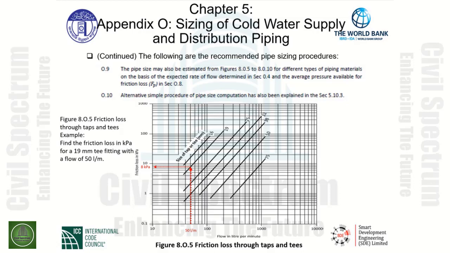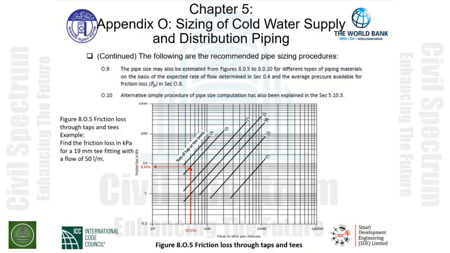So as an example, find the friction loss in kPa for a 19 millimeter T fitting with a flow of 50 liters per minute. We can simply go to the horizontal axis on the logarithmic scale. As can be seen, it starts at 10 liters per minute, so we move over to 50 liters per minute. We rise up and intersect with the diagonal curve indicated at 19 millimeters.